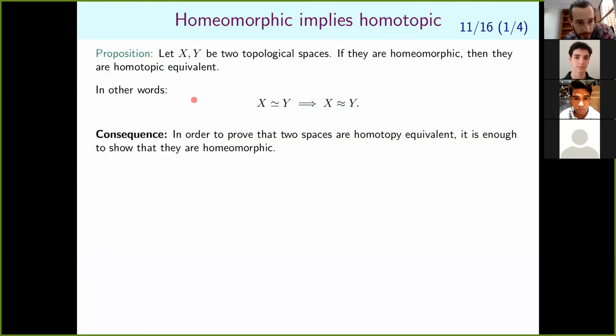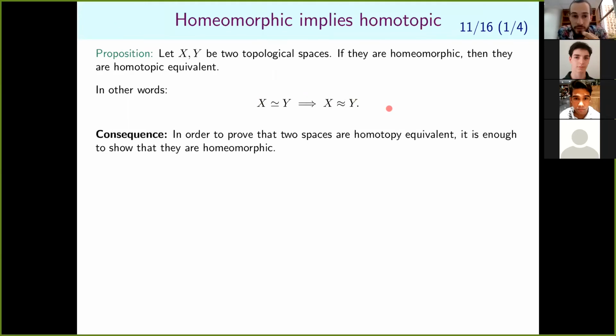Here it is. Take two topological spaces X and Y. If they are homeomorphic, then they are homotopy equivalent. With symbols, I wrote yesterday this equal sign with only one wave, meaning homeomorphic. Then you have the same symbol with two waves. All right?